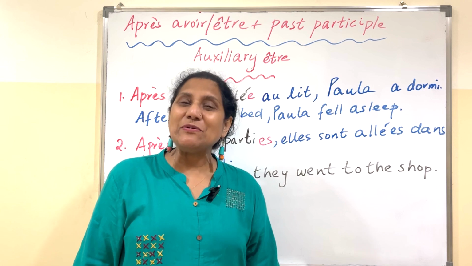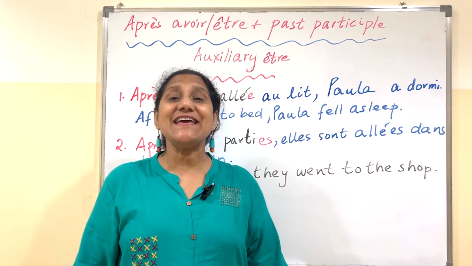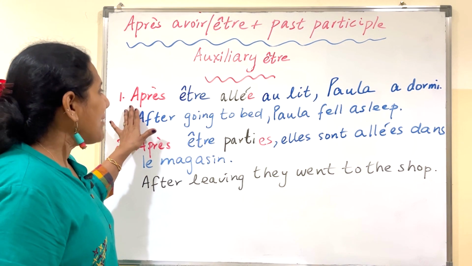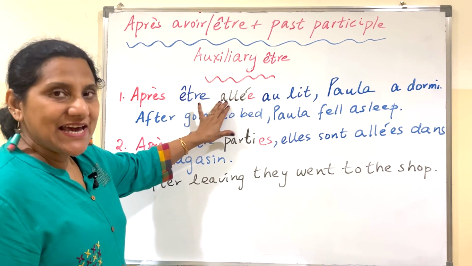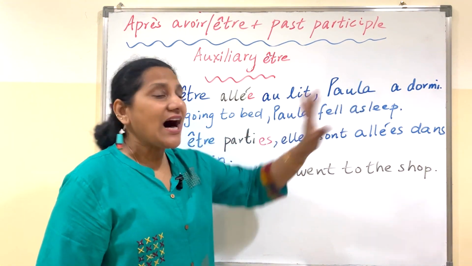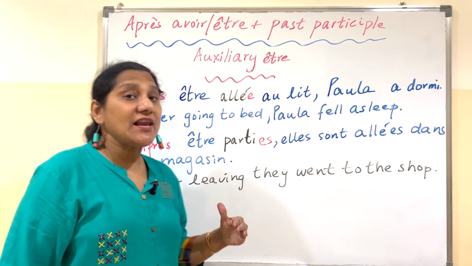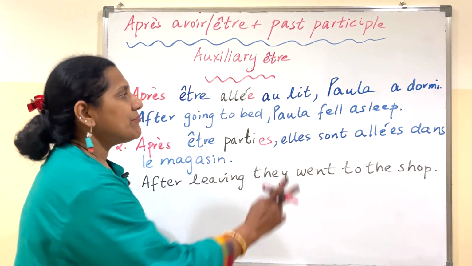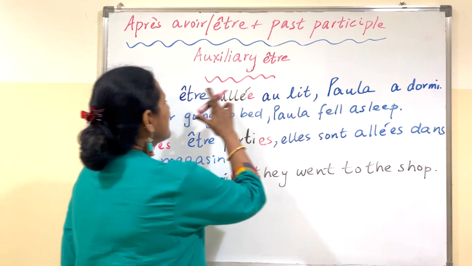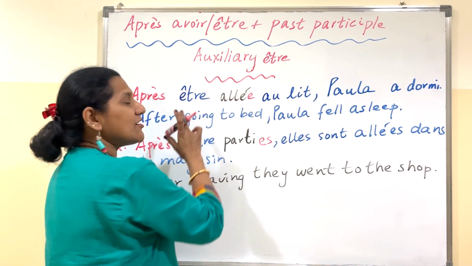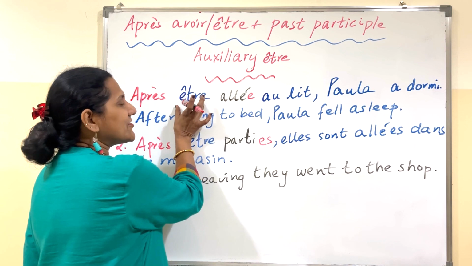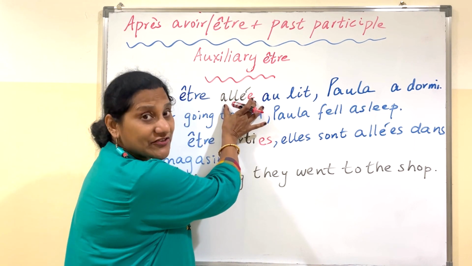Let's look at an example using auxiliary être. Après être allée au lit, Paula a dormi. So, after going to bed, Paula fell asleep. Paula is feminine, so of course we're using the auxiliary être, plus we need to have an agreement.